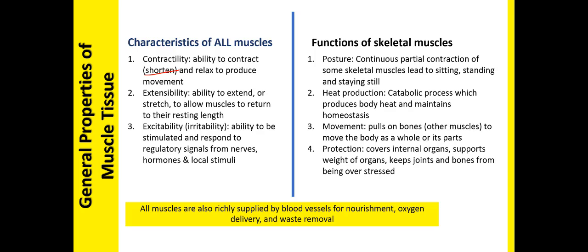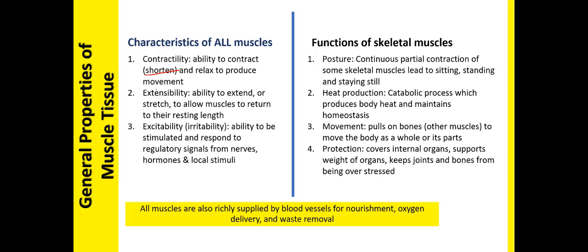All muscles also have the characteristic of extensibility, so they're able to extend or stretch, and they're also able to return back to their resting length. The third characteristic of all muscles is that they're excitable, or if you want to put it, irritable.